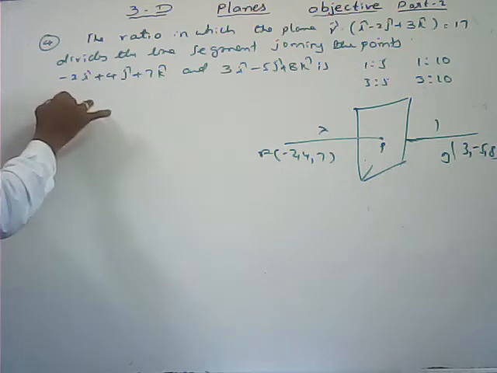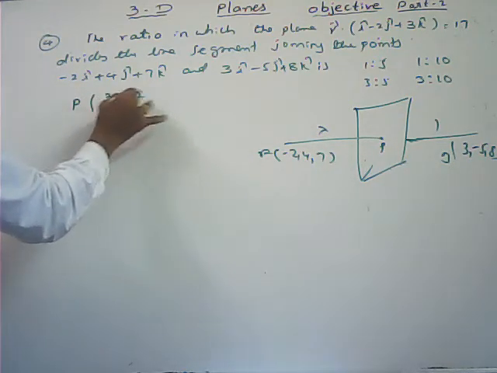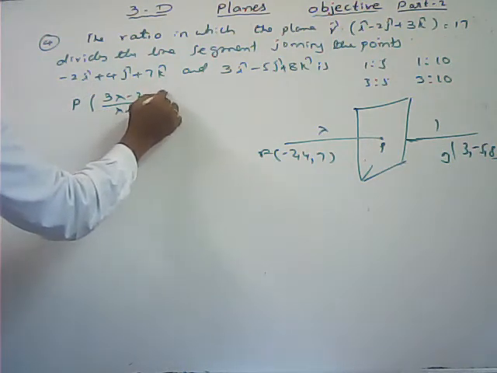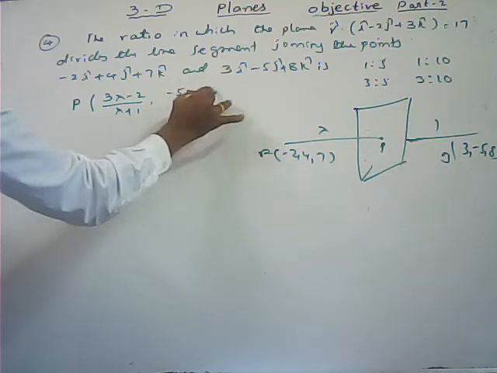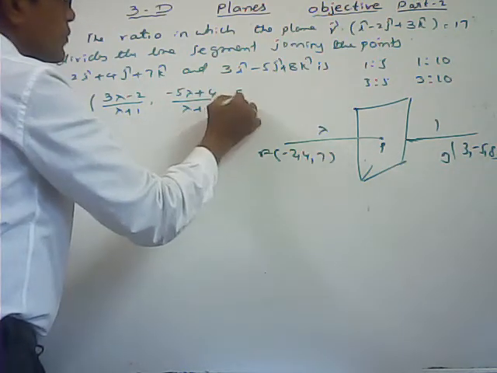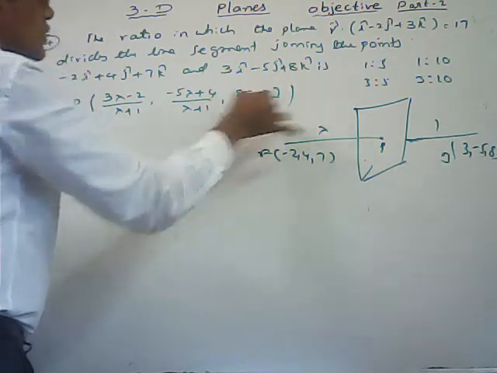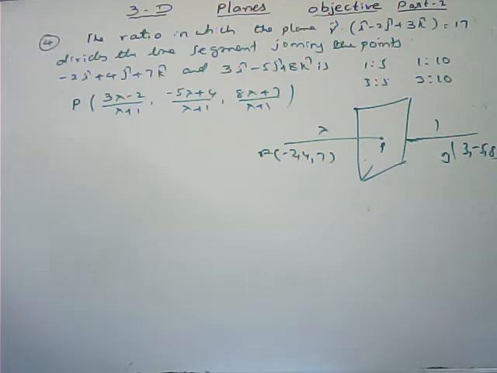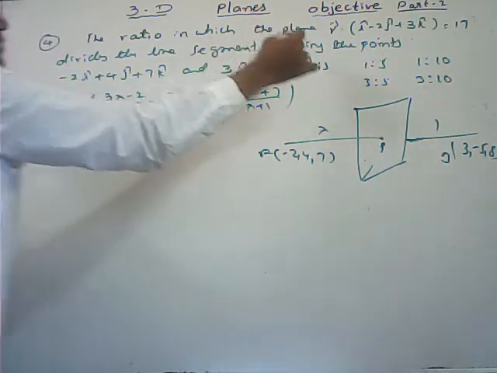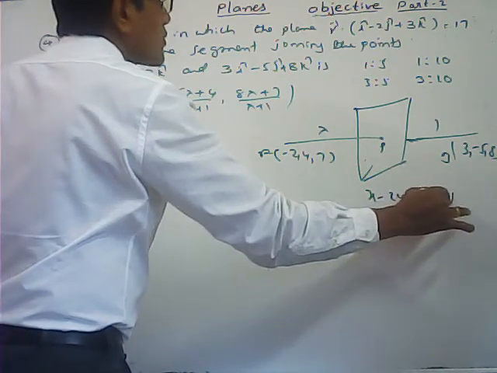So then what about the coordinates of P here? m x2 plus n x1 by m plus n, and m y2 plus n y1 by m plus n, with lambda plus 1. Here we are using the section formula only. And where is that point? P lies on the plane only. What is the equation of the plane? x minus 2y plus 3z is equal to 17.